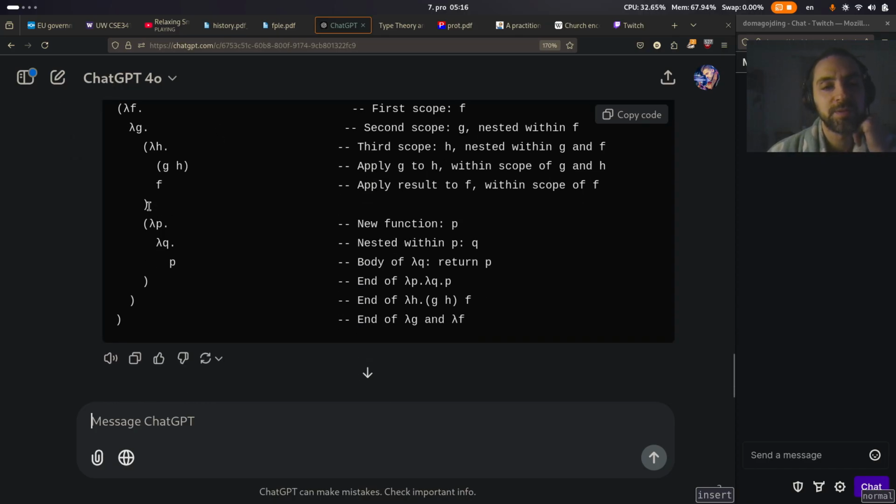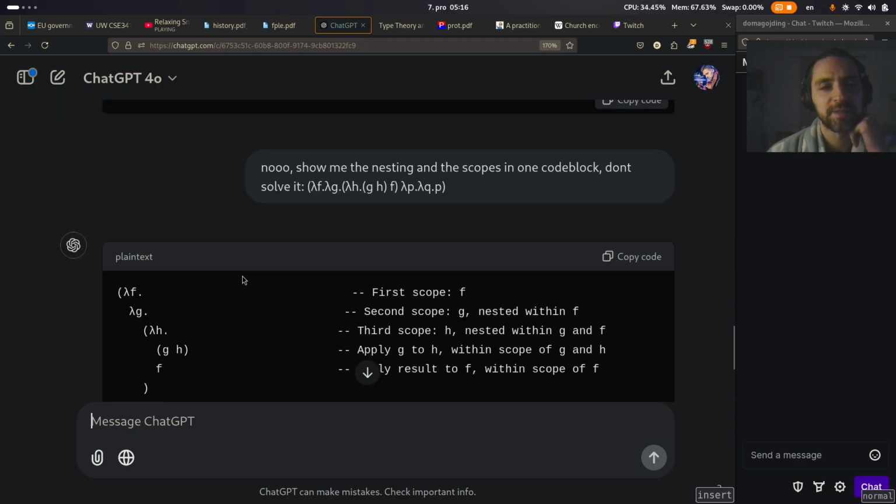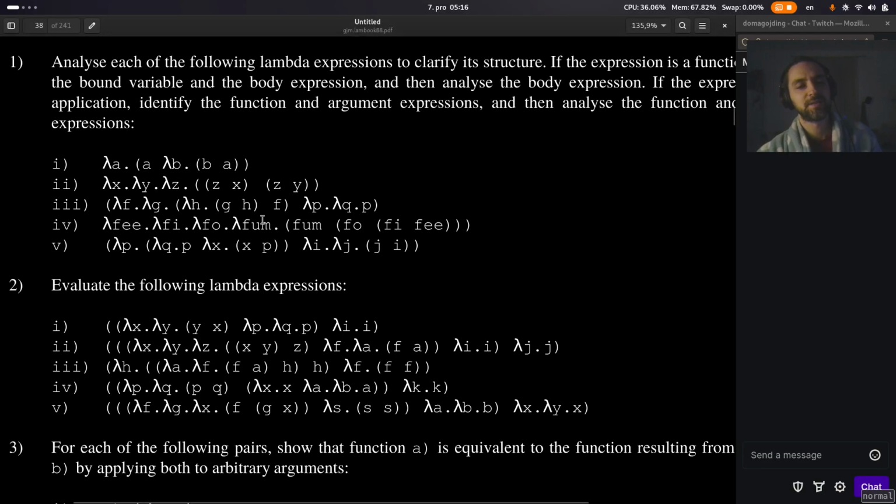But then you close this and new function, but it's true, lambda p is not on this scope level, it's on the lambda h level, so on the third level. New function p, lambda q, and p from here, and that's it, right? Actually, that's true, okay.